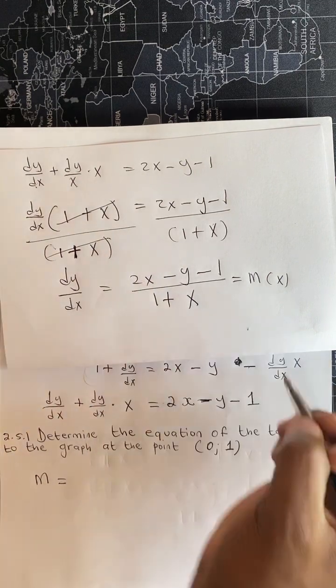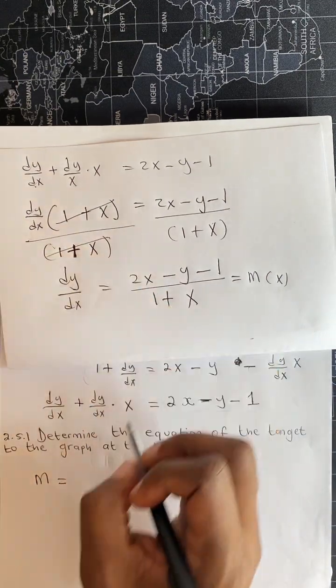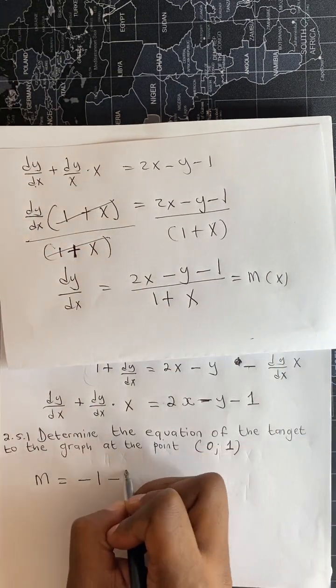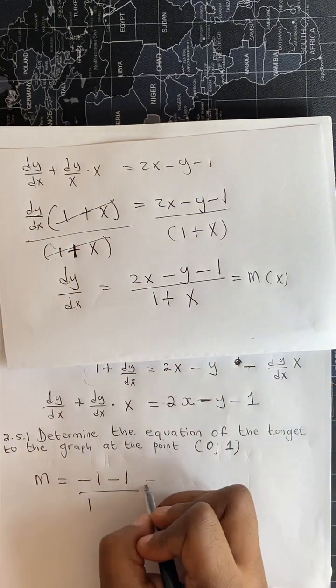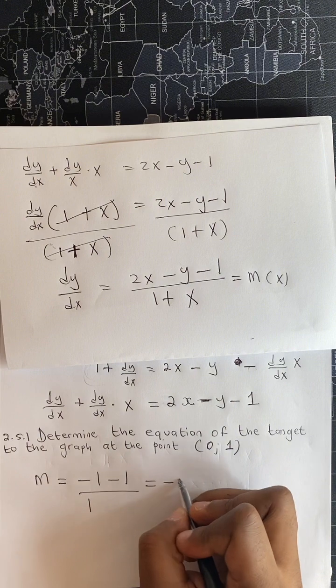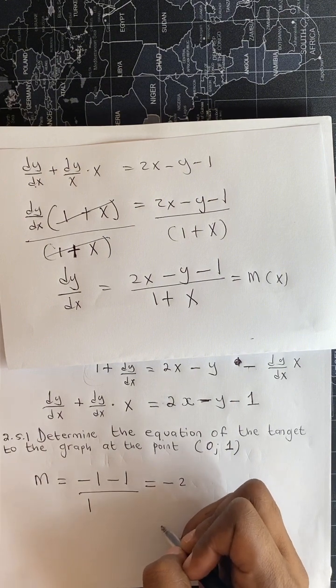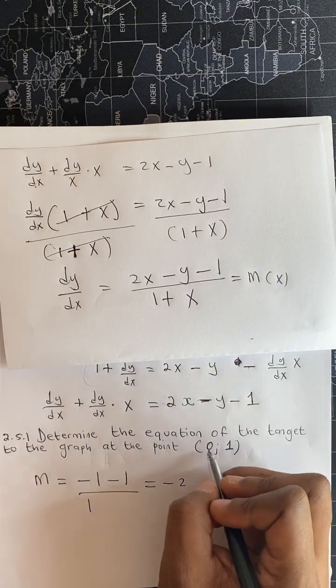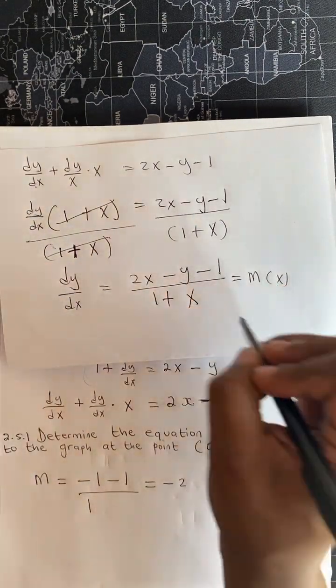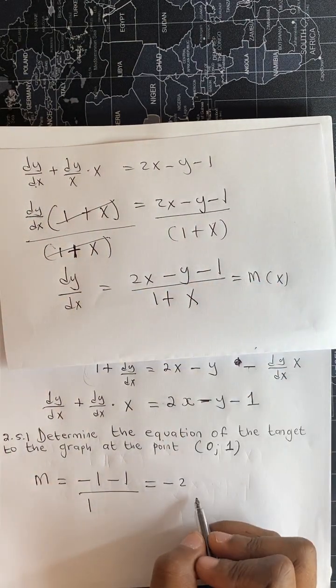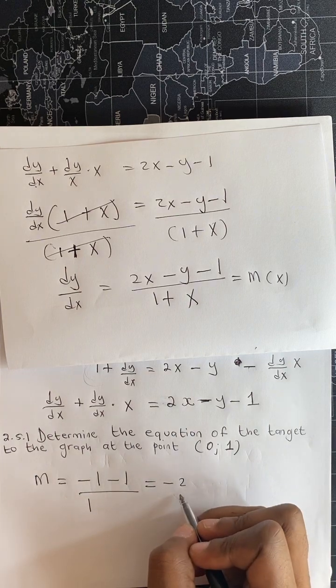So 2 multiplied by 0 will be 0, so we'll be left with minus 1 minus 1, over 1 plus 0, so there's no need for us to write it. So this will be equal to -2 divided by 1. After we substituted x for 0 and y for 1, our gradient at this point is equal to -2.